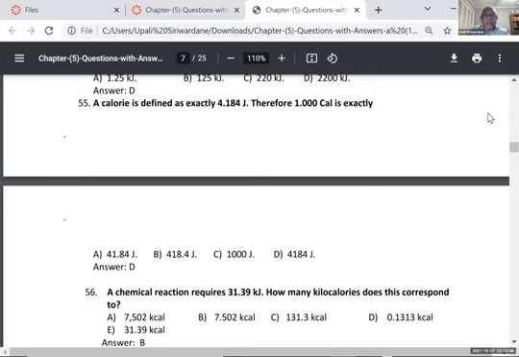A calorie is therefore 4.184 joules. One dietary calorie is 1000 calories, or one kilocalorie, therefore multiplied by 1000. So the answer is D.